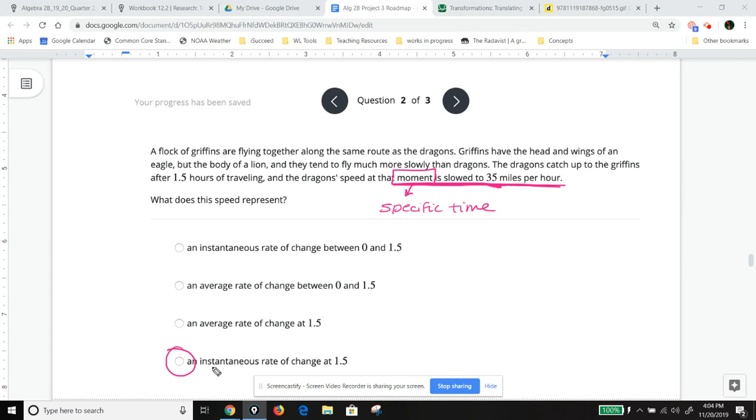Instantaneous meaning at an instant. At what instant were they moving? When were they traveling? 1.5 hours into their flight. So we know the instantaneous rate of change at 1.5 hours for that trip. Hopefully you're starting to see the difference between instantaneous rate of change versus average rate of change. So that was question number 2.